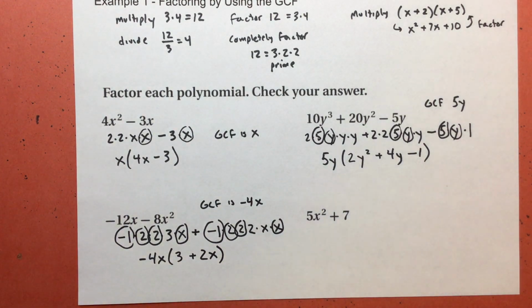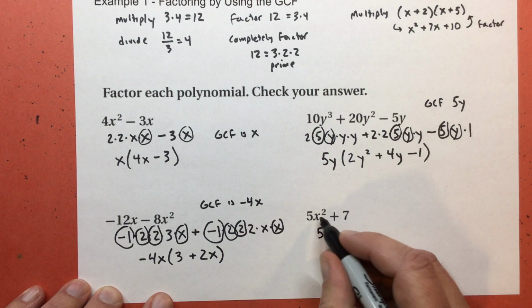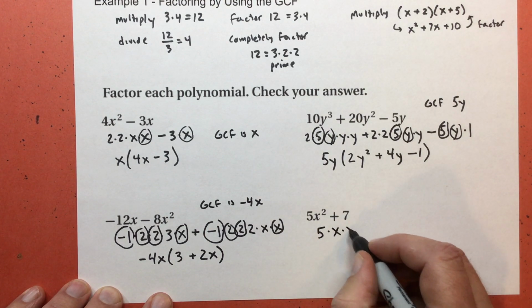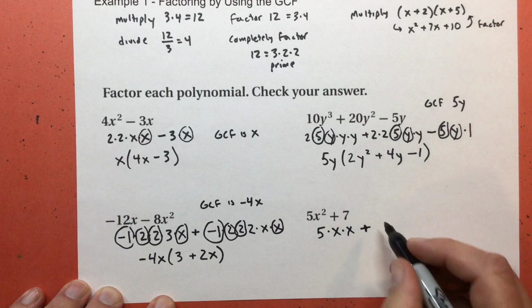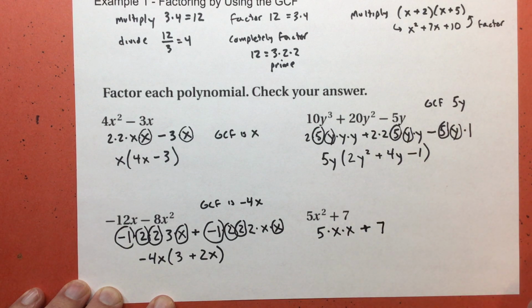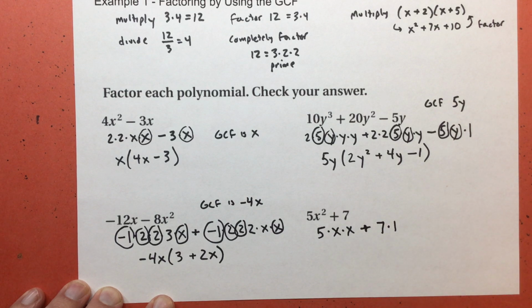All right. Last one. 5 is already prime. X squared is x times x. Don't have to worry about any silly negatives. I got a plus sign. 7 is also prime. Maybe I can even put 7 times 1. Here's a 5. There's no 5's over here. Here's a couple x's.